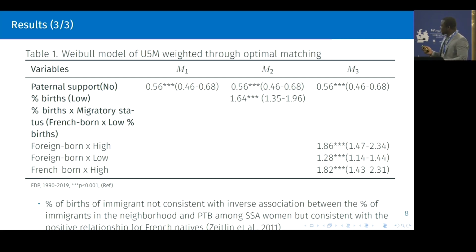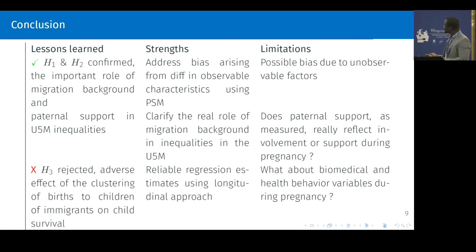We can see that the percentage of birth of immigrants is not consistent with the inverse association between the percentage of immigrants in the neighborhood and preterm birth among sub-Saharan African women documented in other studies.